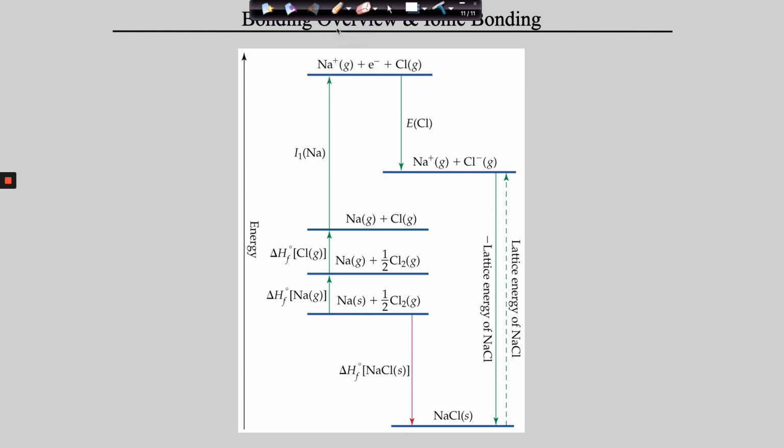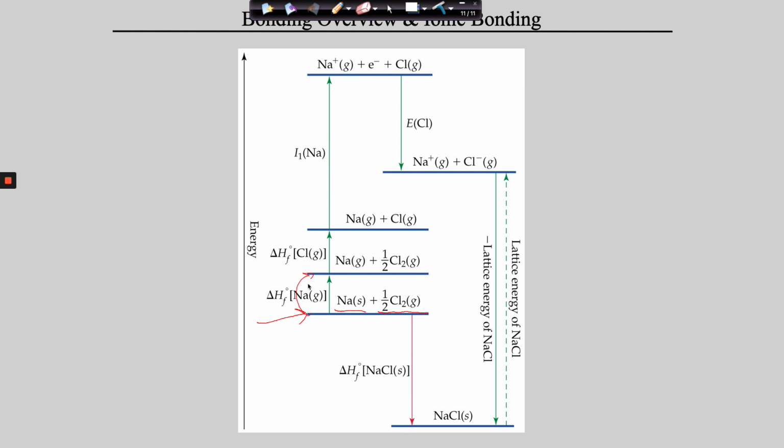So let me do this for you. This starts right here. That's where it begins. We've got the sodium that's in the crucible, and we've got the chlorine gas that is in the canister. But now, guys, let's look at the steps.